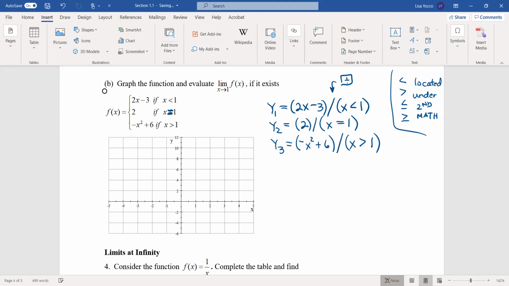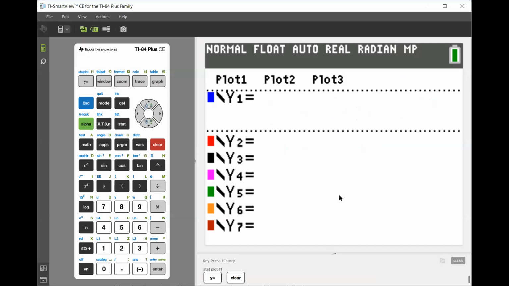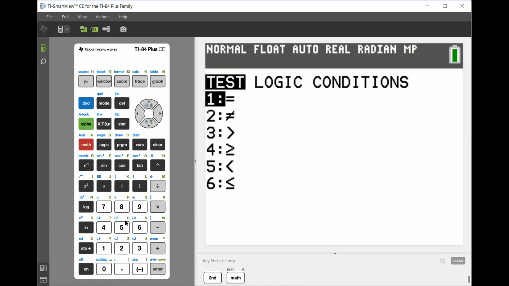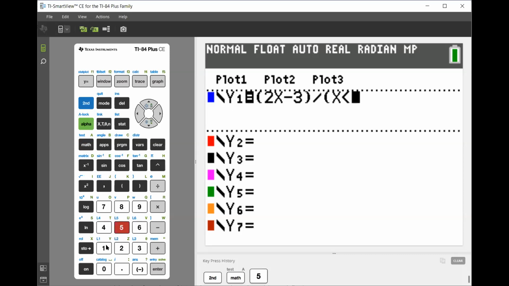All right. So I'm going to go to my calculator. Do you want to see me put this in the calculator? I'm assuming that you do. So I went to the calculator. All right, so I've got in parentheses 2x minus 3, close the parentheses, divided by x, and then second math, number 5 for less than 1, and close the parentheses, and press enter.